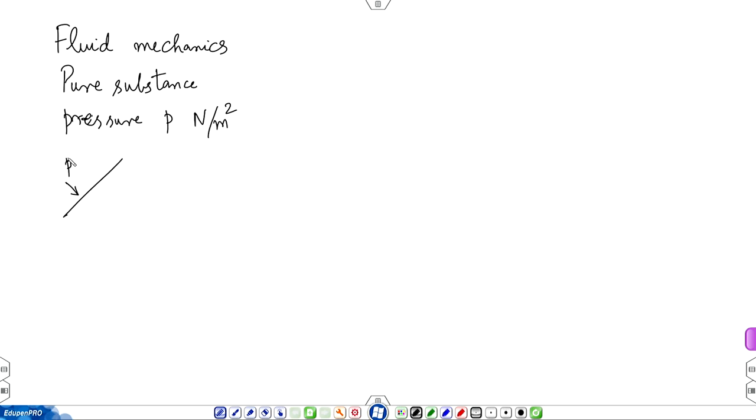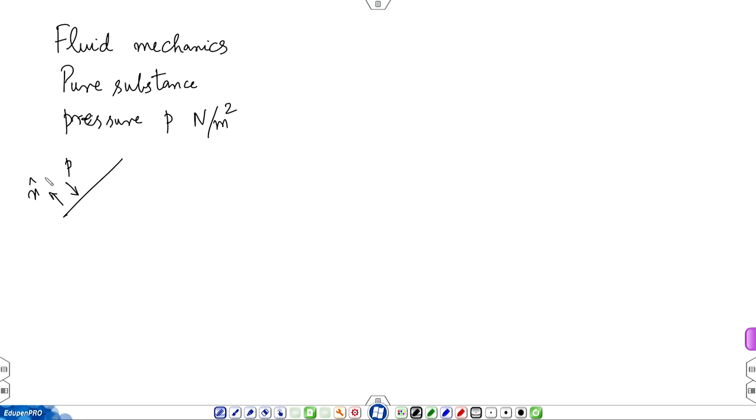So, by convention, the unit normal and pressure are shown in opposite directions. That means pressure is positive when it is compressive.